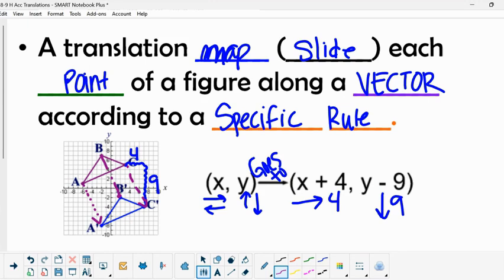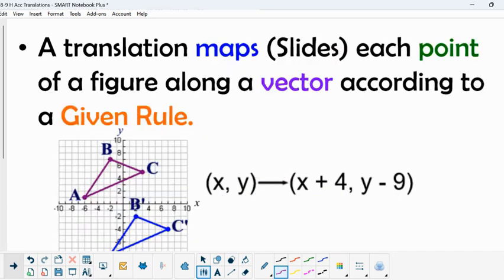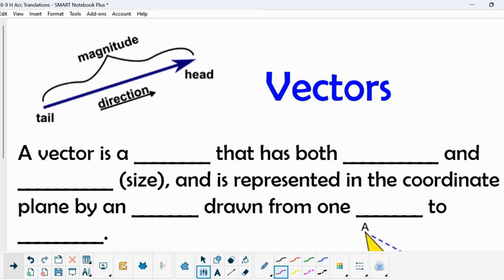Okay, so a vector, it's a mathematical term of an arrow representing two things. What two things did he say it represented? Direction and magnitude. So our vector, it's actually an arrow showing direction, obviously, and then magnitude is actually its length, its distance.